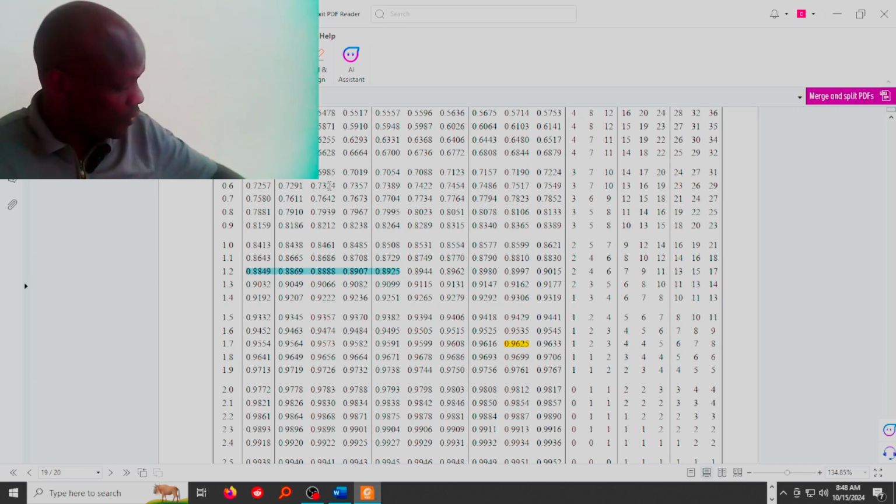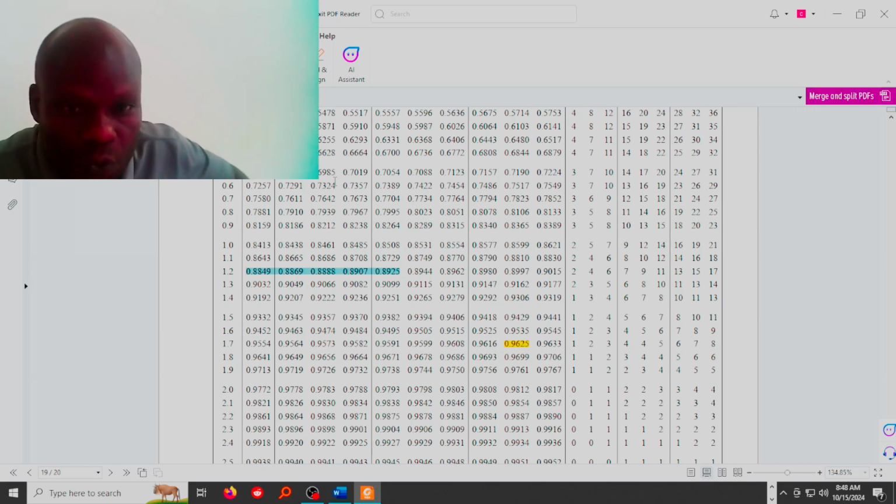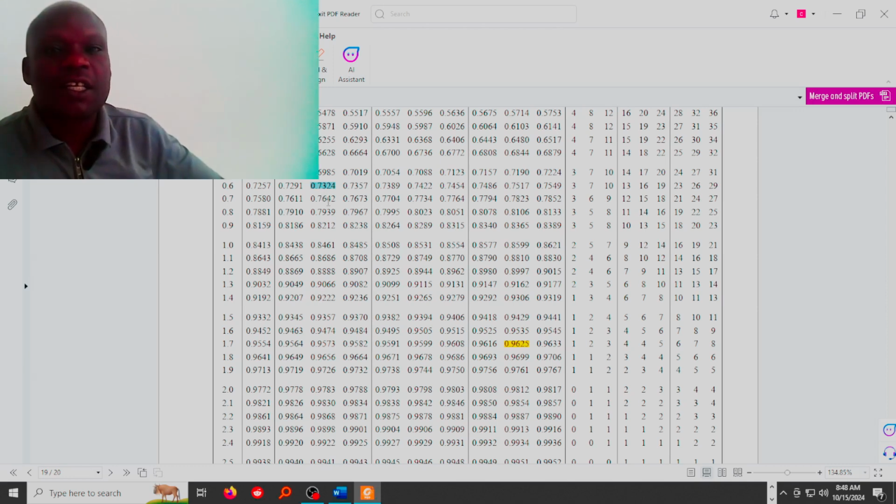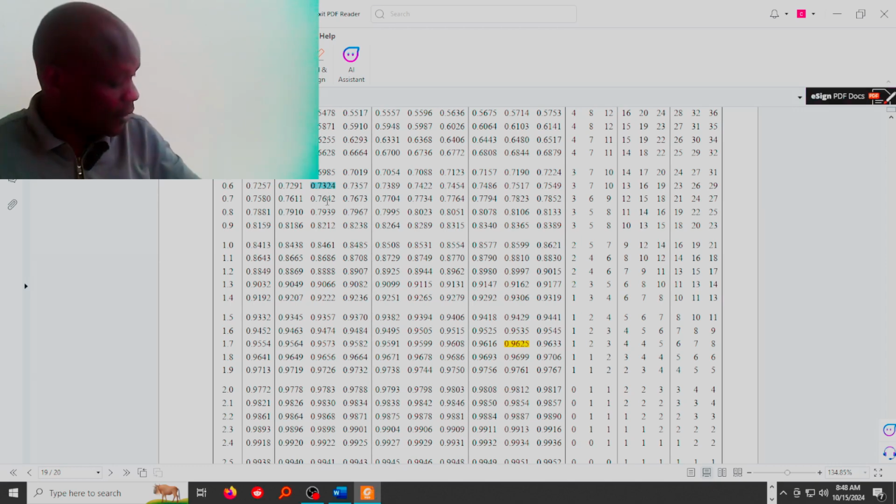Under 0.625, 2 is here, 5 I would have to get here, which is 16. So 0.324 plus 16 is 0.7340. 1 minus that should give you 0.2660, which is the probability that we obtained in our solution.